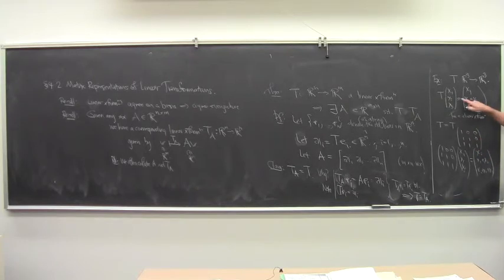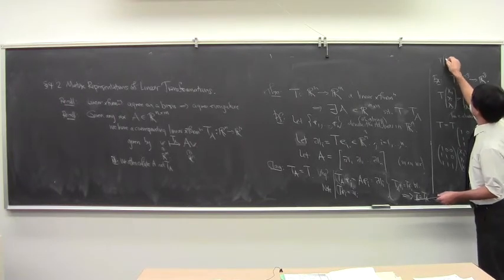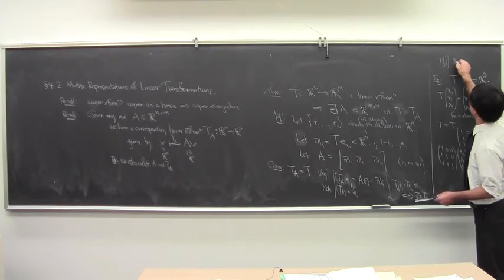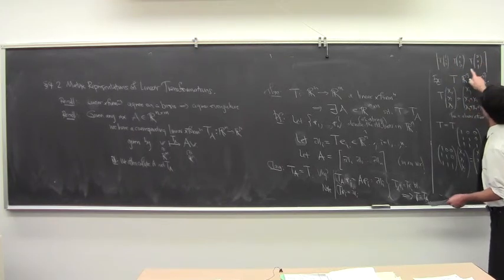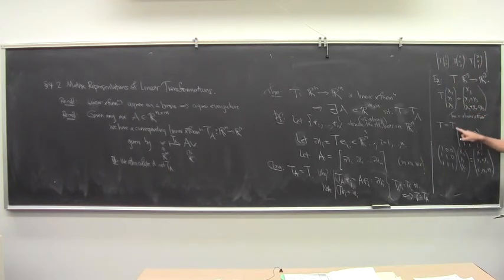Like here, for example, how did we come up with this thing? You take T of 1, 0, 0, T of 0, 1, 0, and T of 0, 0, 1, the standard basis vectors, and you put those things in a matrix.